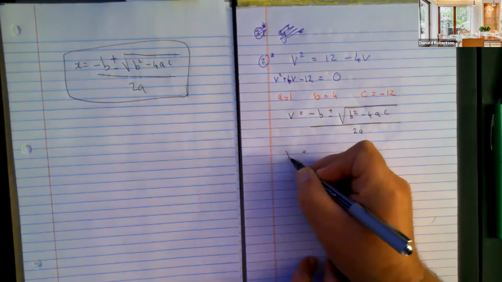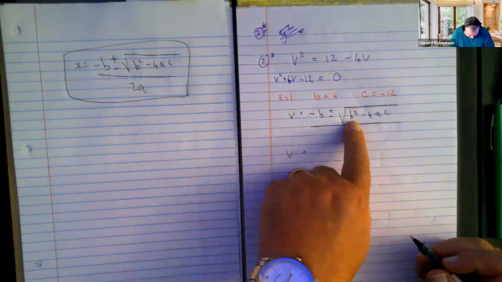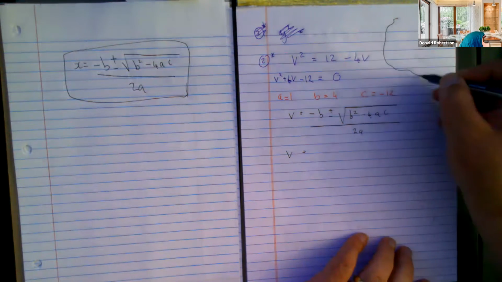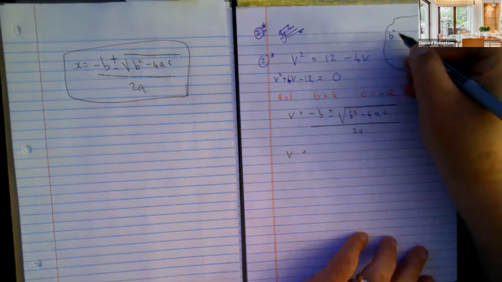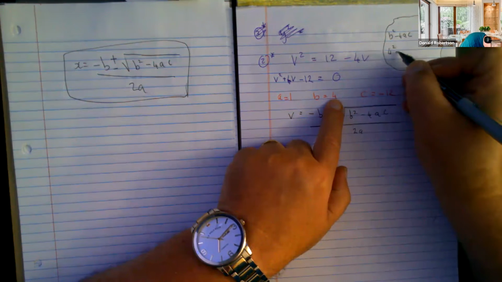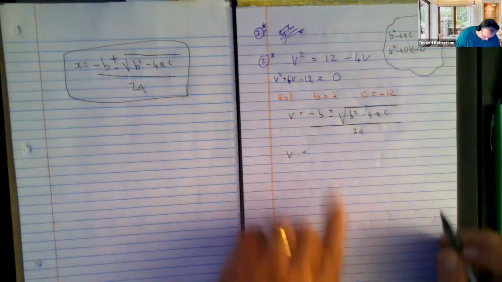So at the side, I would find b squared minus 4ac. So let me do a little bubble up here, to show you what my working would look like. It's going to be 4 squared take away 4 times 1 times negative 12.